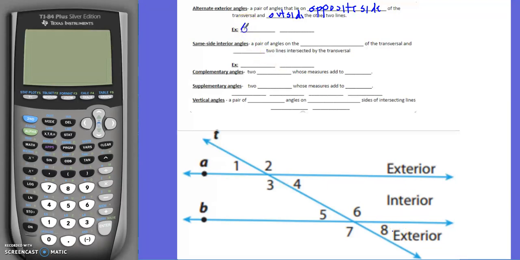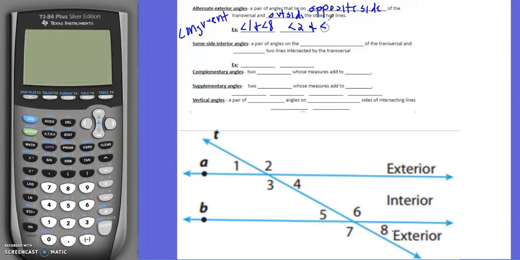So angle 1 and angle 8. They're both also congruent. And then not only 1 and 8, but there is also 2 and 7. They're alternate, but they lie outside. So angle 2 and angle 7.